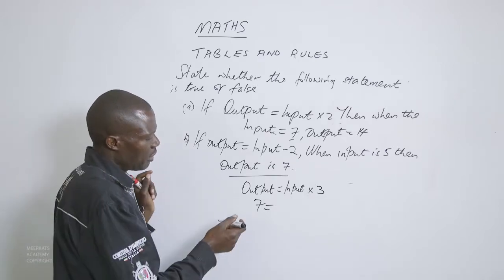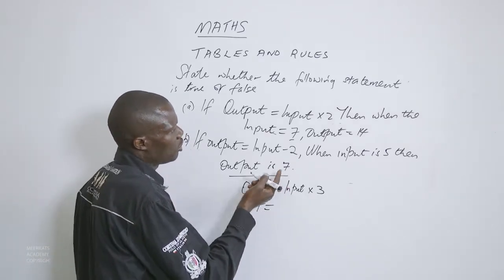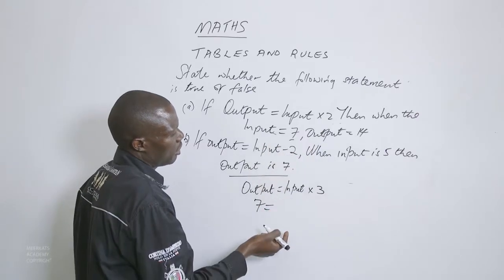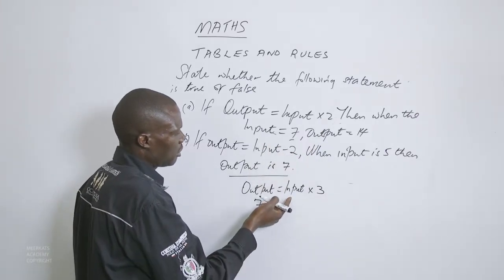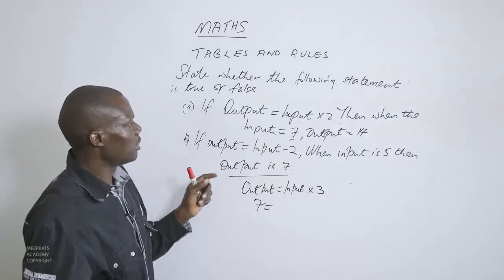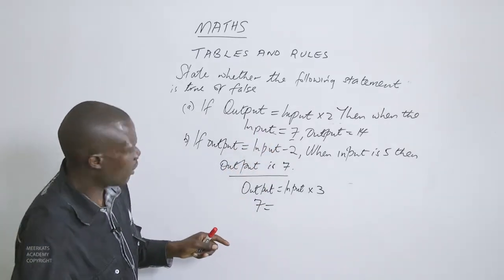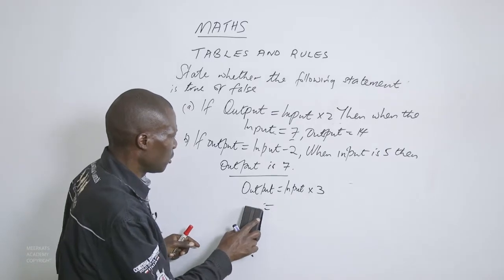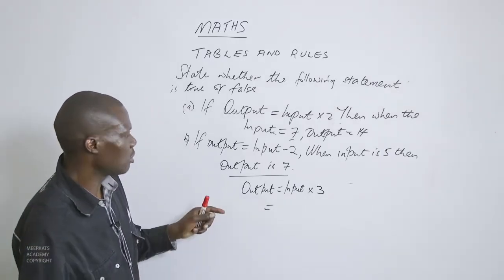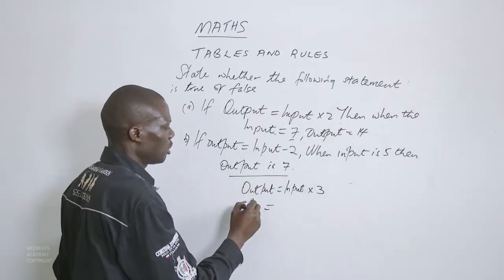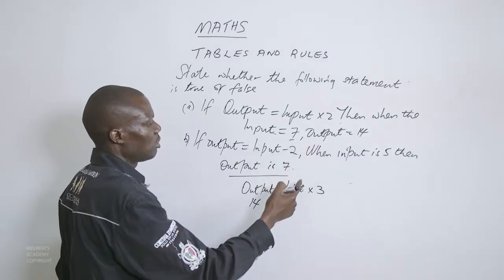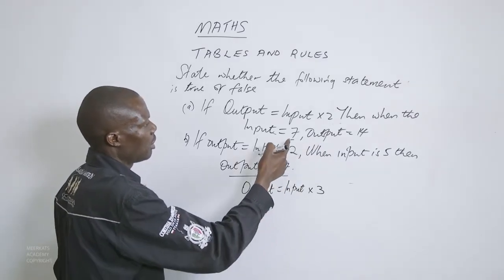Now, if this is 7, is it true that output, which is 14, is equal to 7 multiplied by, sorry, this is not for 3.